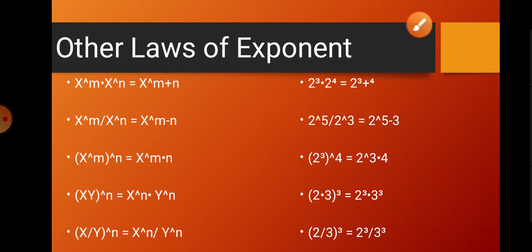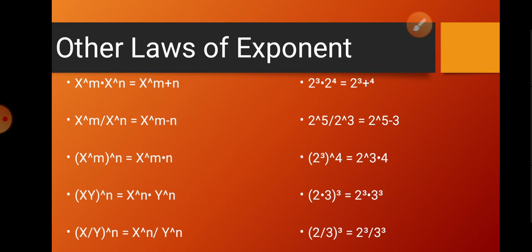Example, x to the power of m, to the power of n is equal to x to the power of m times n. In numbers, 2 to the power of 3, to the power of 4 is equal to 2 to the power of 3 times 4, or 2 to the power of 12.